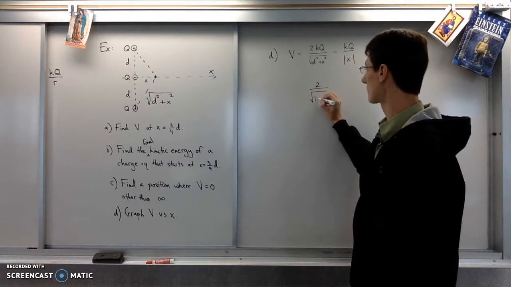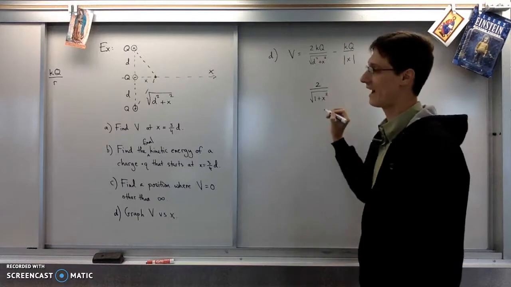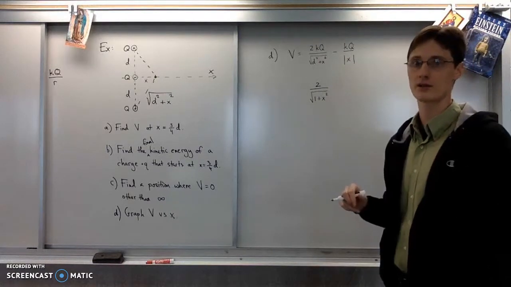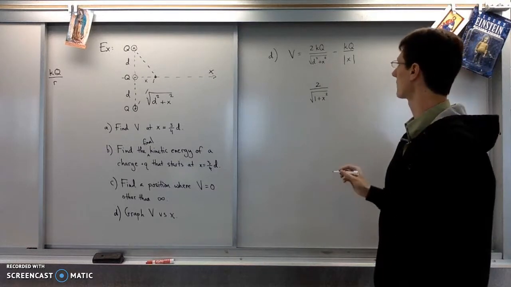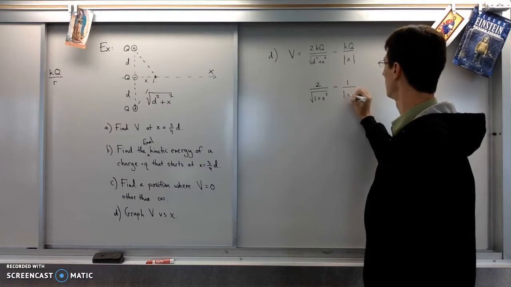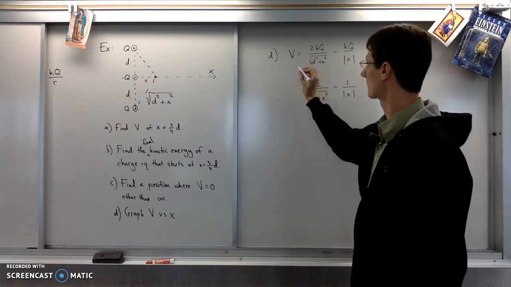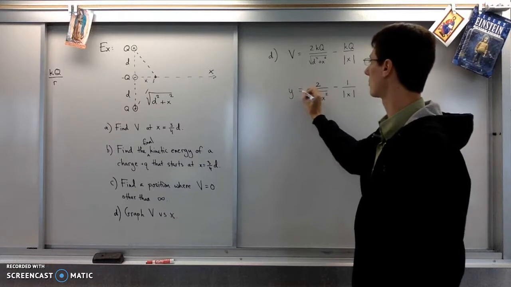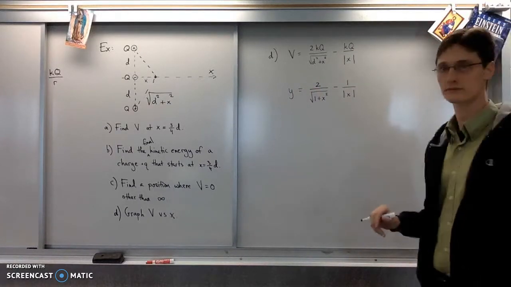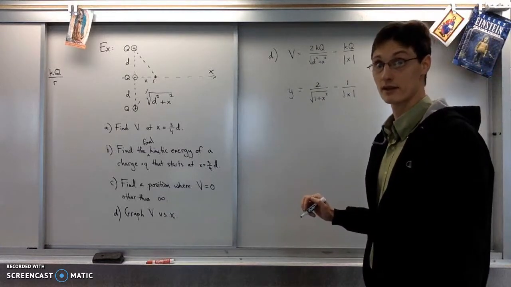And what this will give me is the correct shape for the graph, even if the y values aren't necessarily going to mean anything in particular. All right, and then minus 1 over the absolute value of x. And we'll say y equals.